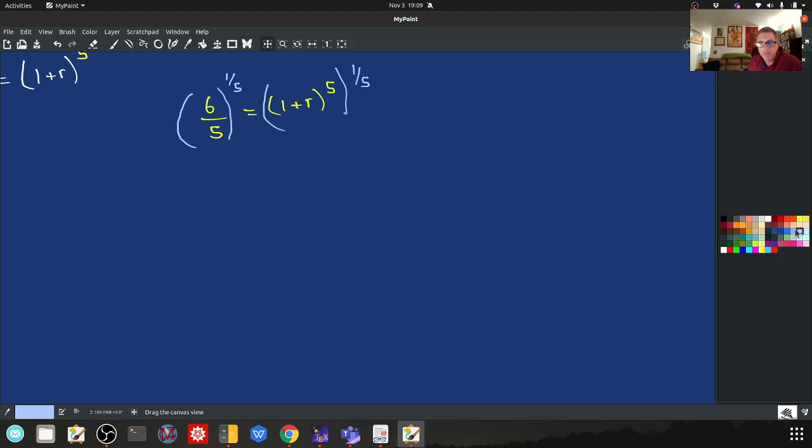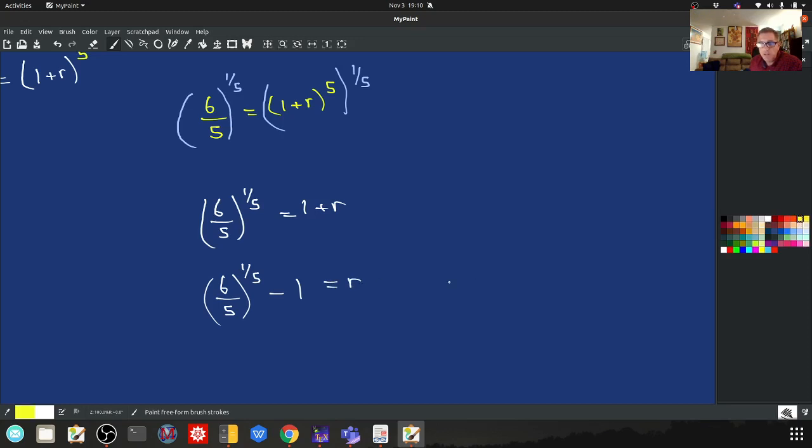So that gives me 6 divided by 5 raised to the 1/5 is equal to 1 plus r raised to the 5th raised to the 1/5. That is 1 plus r raised to the, I multiply these exponents, and 5 times 1/5 is 1, plus r. So r is equal to 6/5 raised to the 1/5 power minus 1. And that's equal to r.